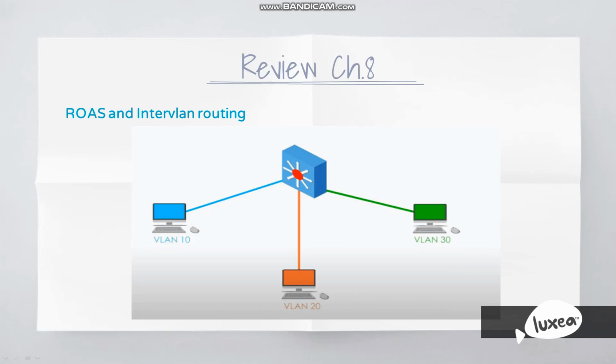So when VLAN 10 is sending a message to VLAN 30, the switch checks its routing table and forwards to the VLAN 30 computer through its own VLAN SVI. So SVI exists in here. So we can think about it as a gateway.